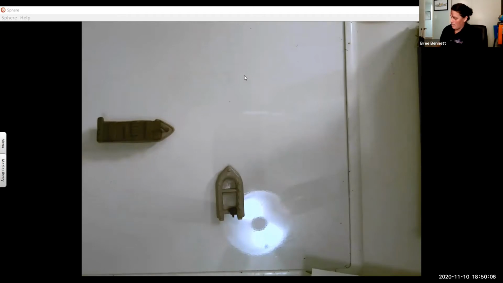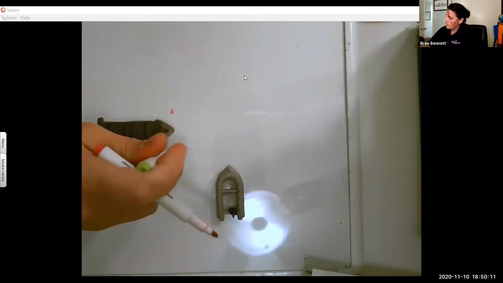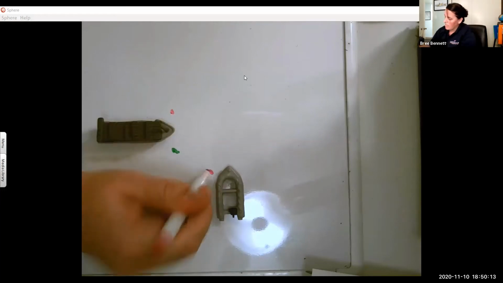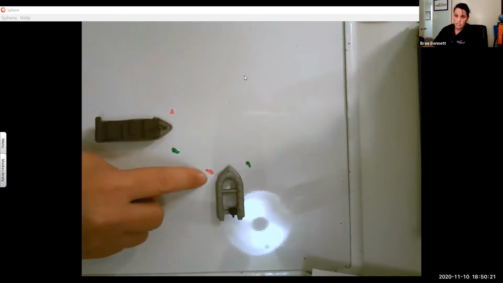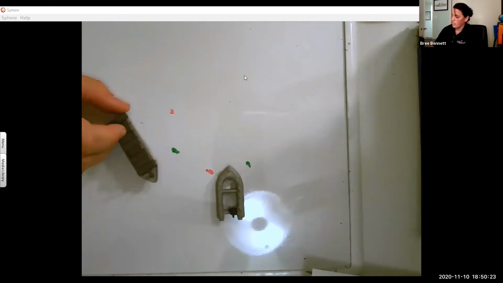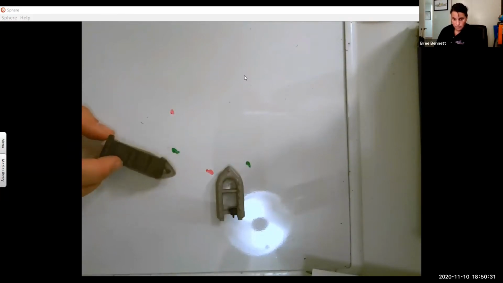So we have our red and our green. This guy is seeing red, so he has to give way and turn. Most of the time, it is suggested that you turn to starboard or you slow down.